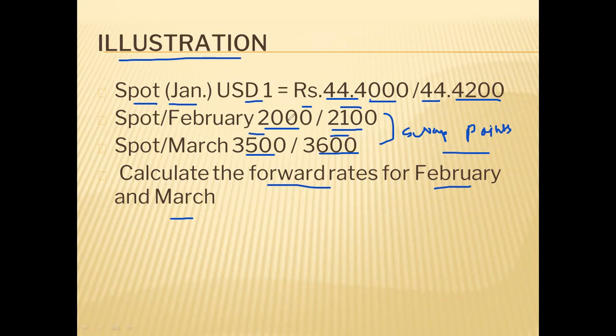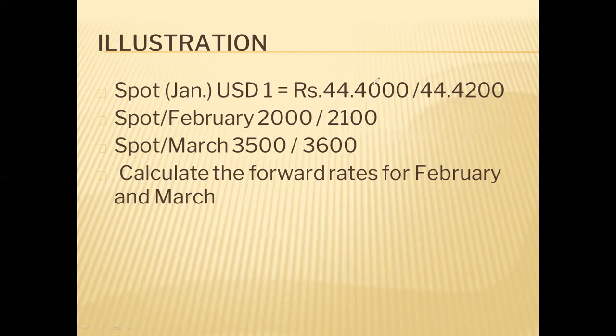How we will add, we have to see how the spot rate is given: 44.4000. After the point, how many digits are there? Four digits are there, no? And if you see the swap points, it is given 2000, 2100. So see, we can calculate it like this.